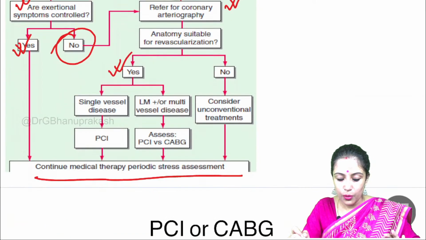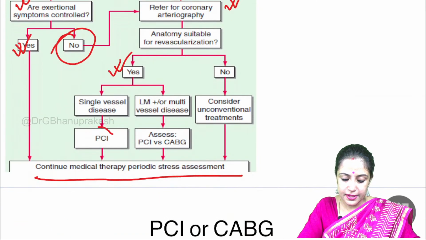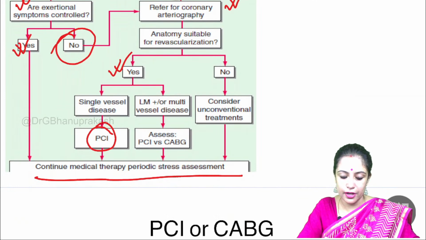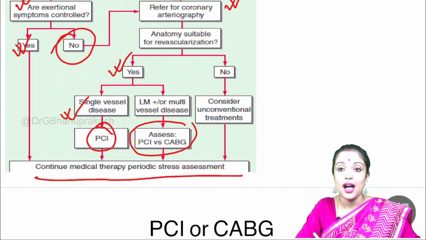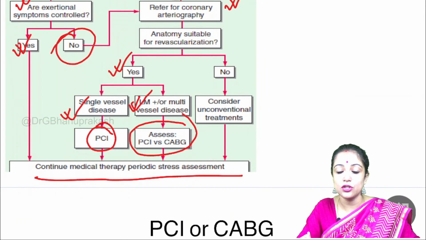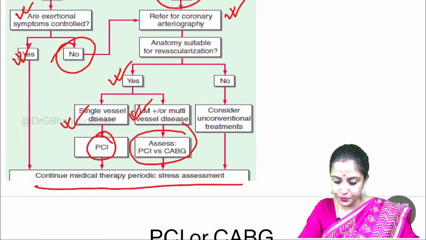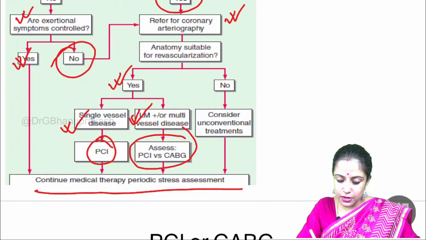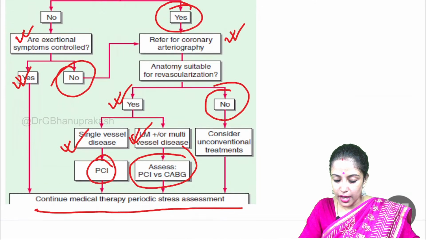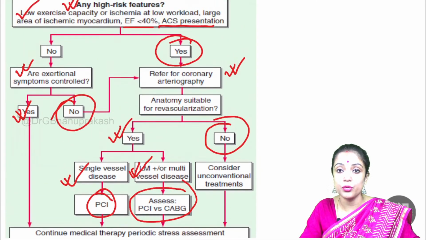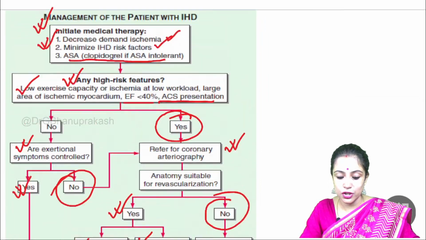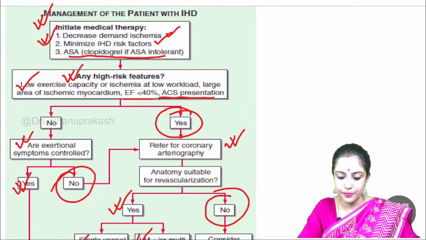If yes, then we can go ahead with PCI, percutaneous coronary intervention, if it is single vessel disease, or either PCI or CABG if it is left main or multi-vessel disease. If the anatomy is not suitable, then we need to consider unconventional options. So this is the protocol for managing a patient with ischemic heart disease.